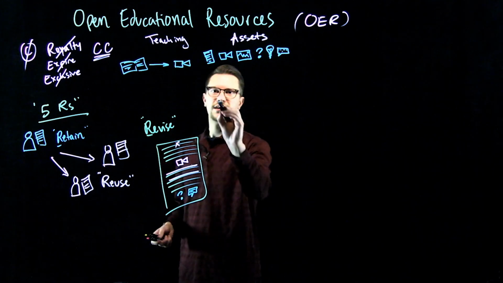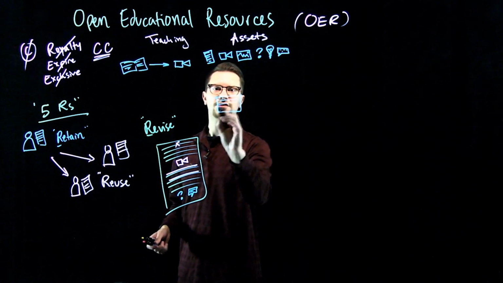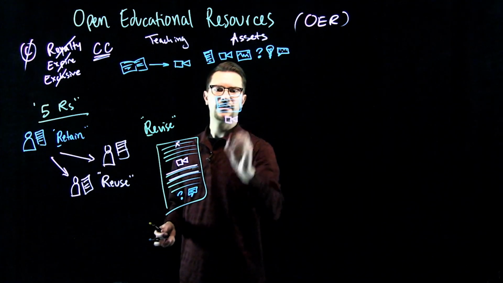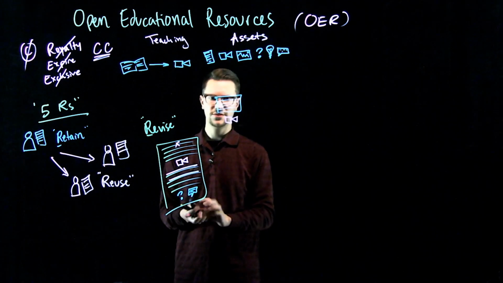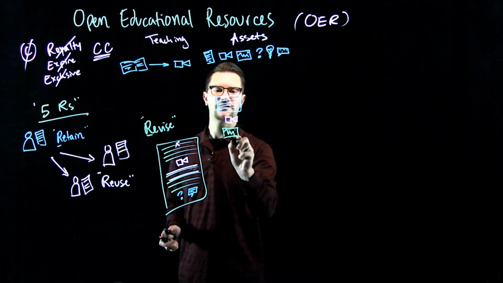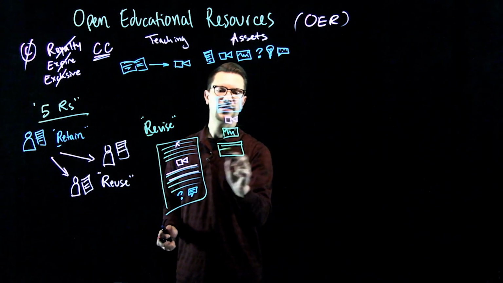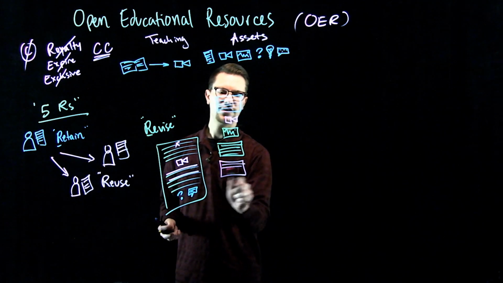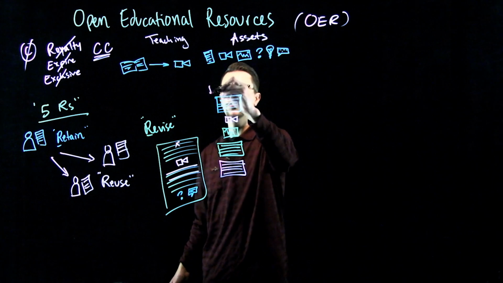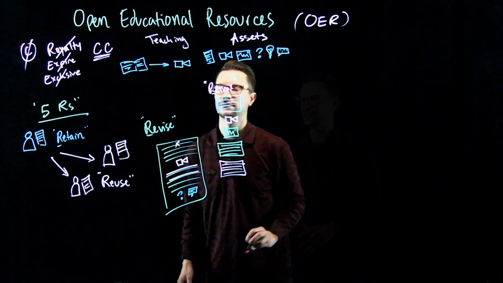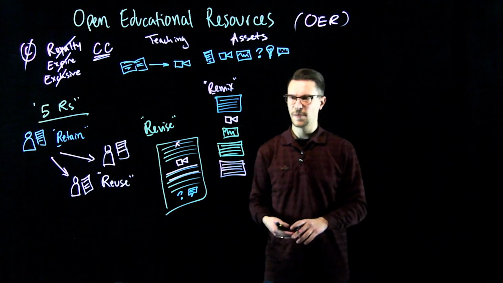So if I take a bit of lecture from this open resource, I take a video lecture from this open resource, add an image of my own, maybe an illustration of the topic, some of my own materials, some materials from another open resource, I am remixing. Revise and remix.